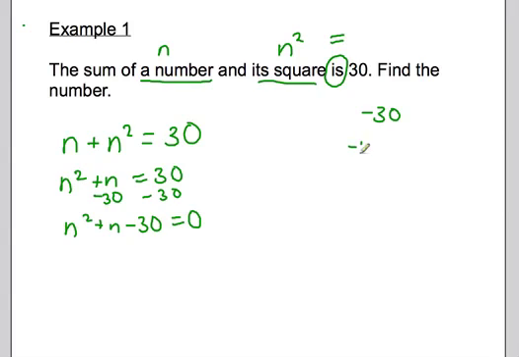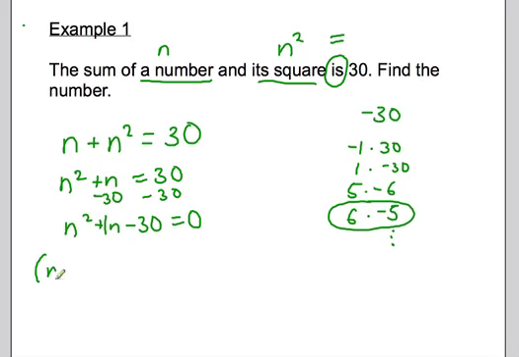So that could be negative 1 times 30, or 1 times negative 30, or 5 times negative 6, or 6 times negative 5, and there's a few others, but I'm looking for a sum of 1. So actually this pair of numbers here give me a sum of 1.